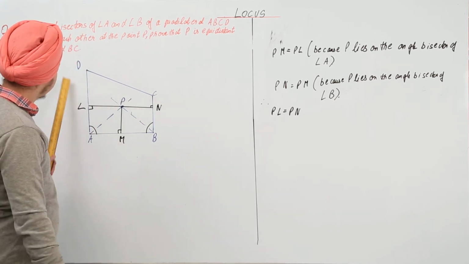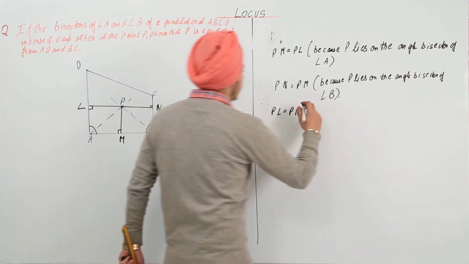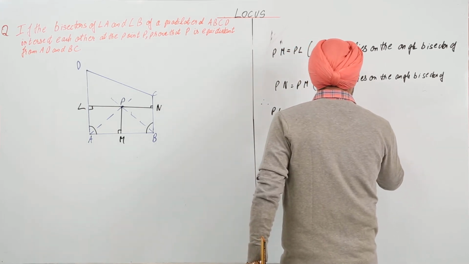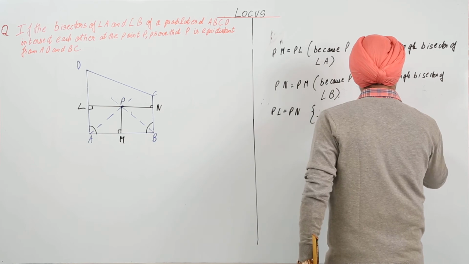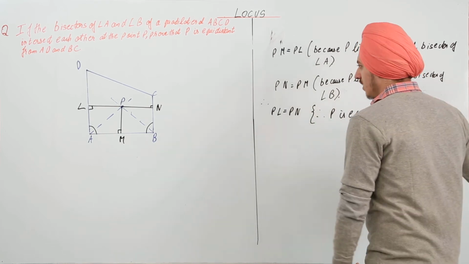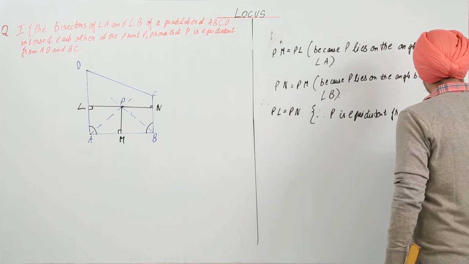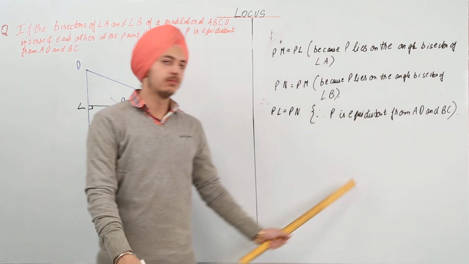Therefore P is equidistant from AD and BC, right? So this is what we needed to prove and we've proven it.